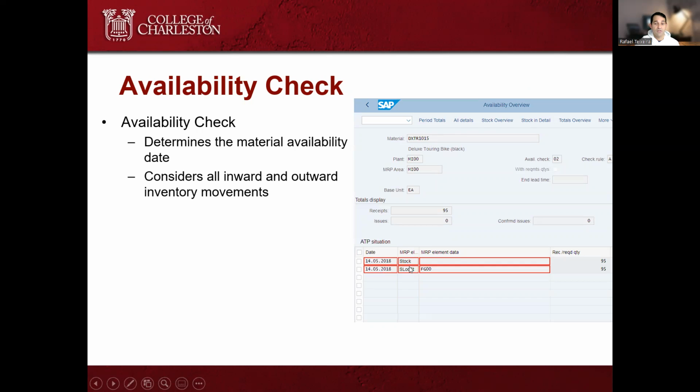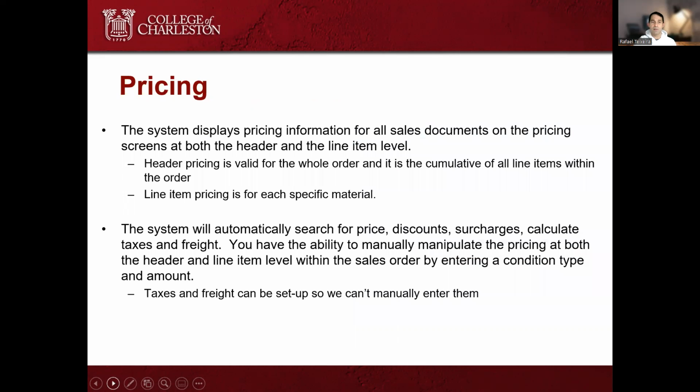Here are the dates, whether it is in stock, and what the storage location is. This is the code for the location. So this is how many materials are available for this specific product: 95 units. Do we have that? That's the availability check.